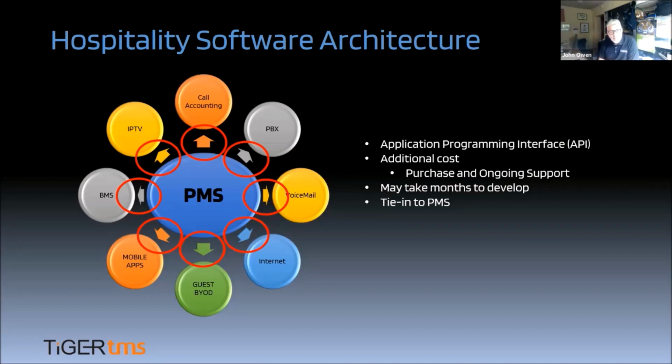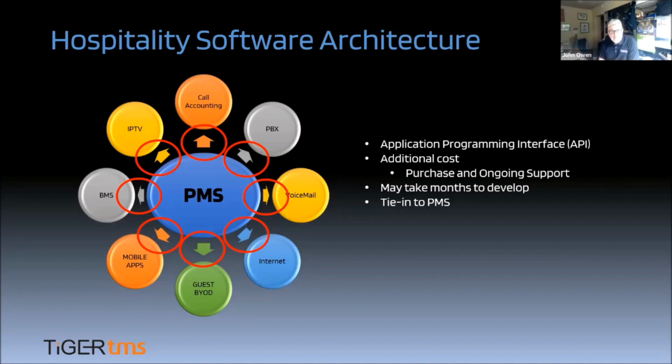Normally, PMS manufacturers charge for each of these interfaces individually, and they command not only a purchase price, but an annual support price. So in the standard hotel situation, the more applications you have connected to your PMS, the costlier it is.